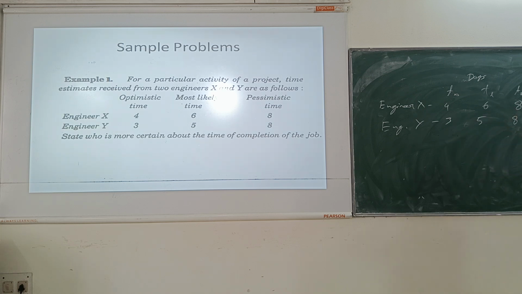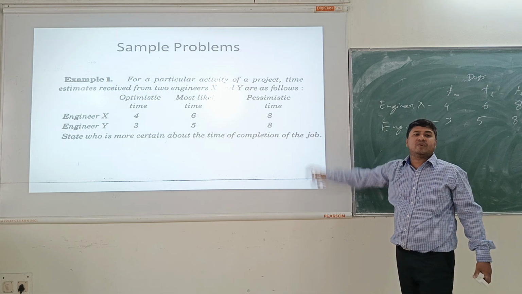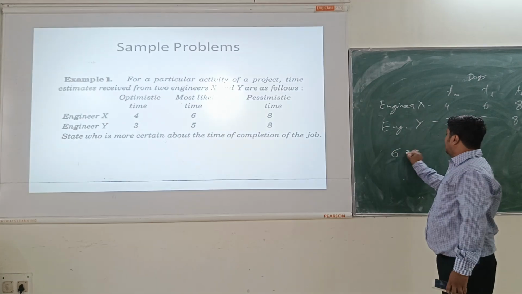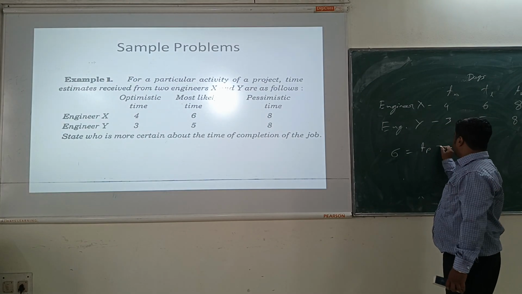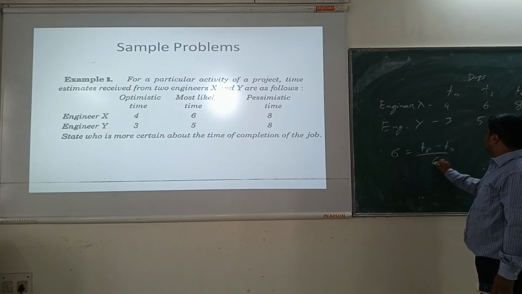Now using the concept of variance and standard deviation, can you find out which one will be more certain? Which engineer is more certain? Standard deviation is (P minus O) by 6.